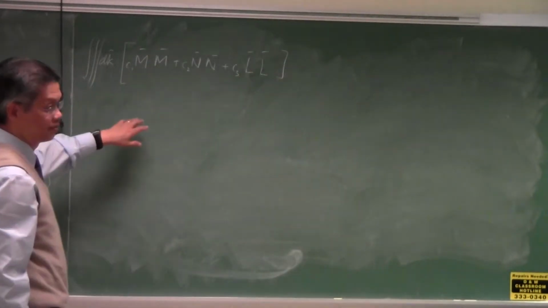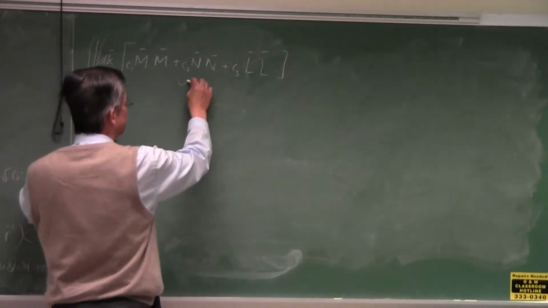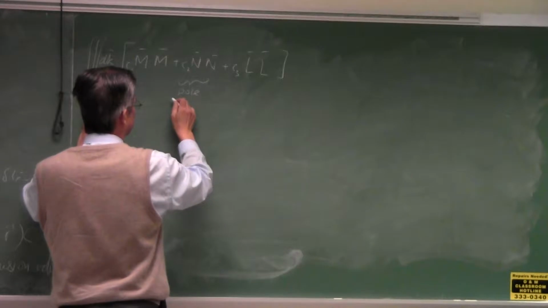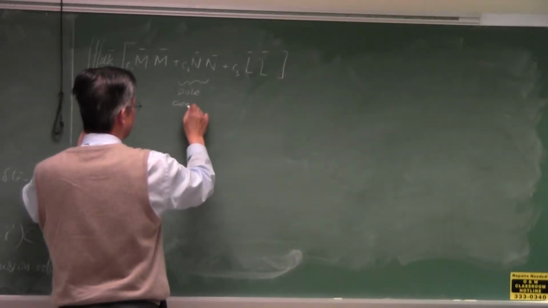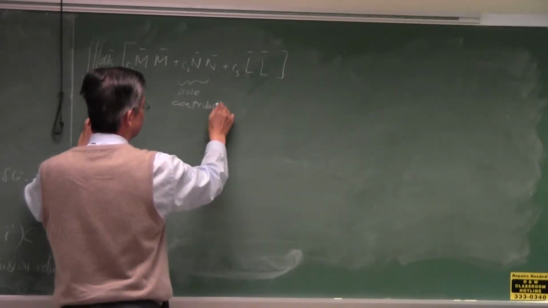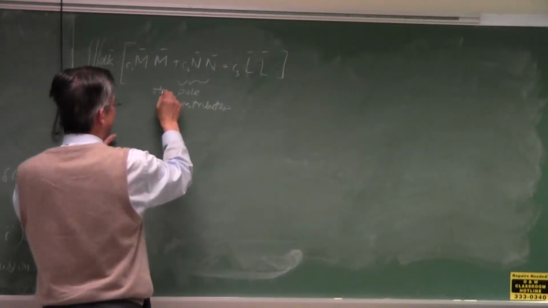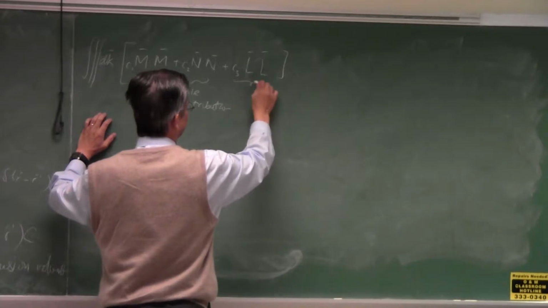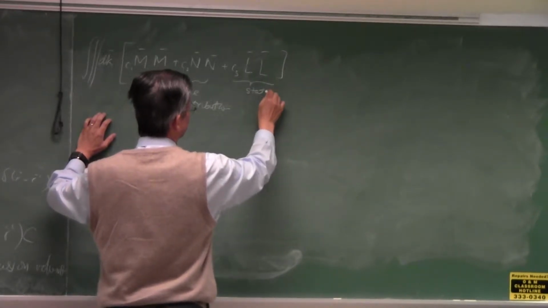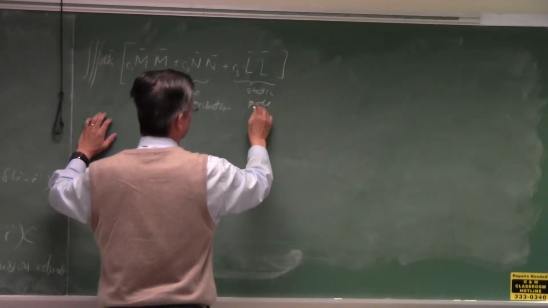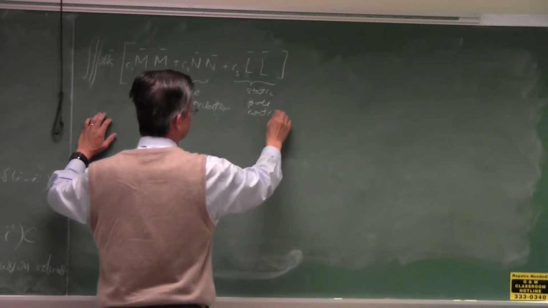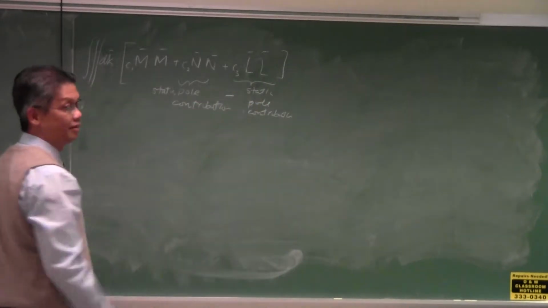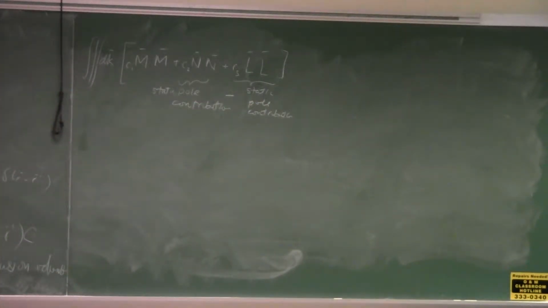What you have to show is that there's a pole contribution from here, which I call a static pole contribution. And then this also has a static pole contribution. And they cancel each other. These two terms cancel each other, and you have to show that they cancel each other.